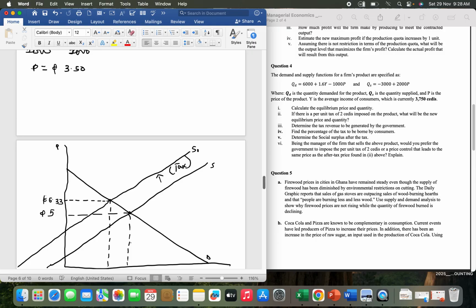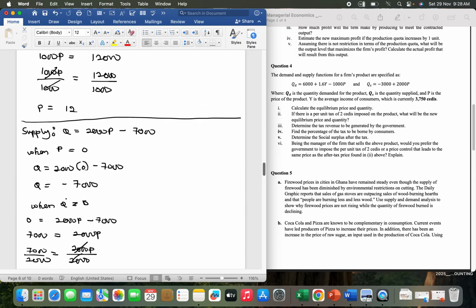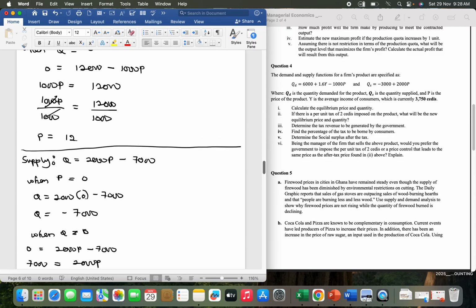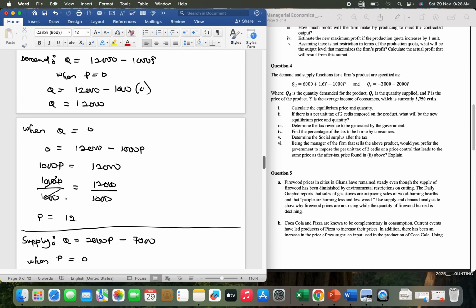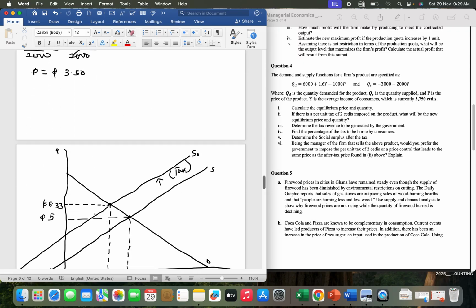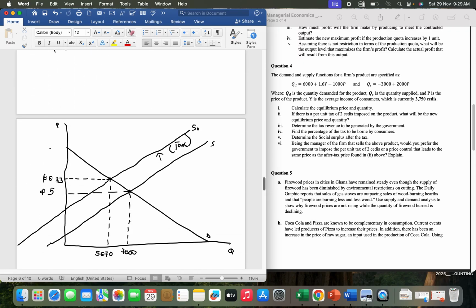Okay. So there is the 6.33, what we solved using the demand. So this is the demand side. With the demand side, we had P to be what? 12. So this is P. This is 12. So this was our initial equilibrium, and this is our new equilibrium.